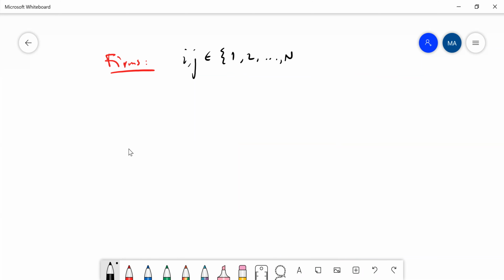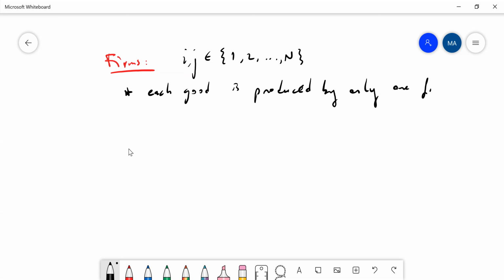So these are the firms. One important assumption: each good is produced by only one firm, but this firm is the price taker.